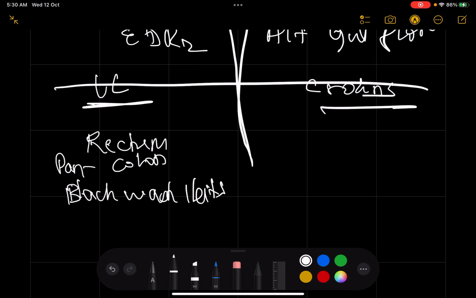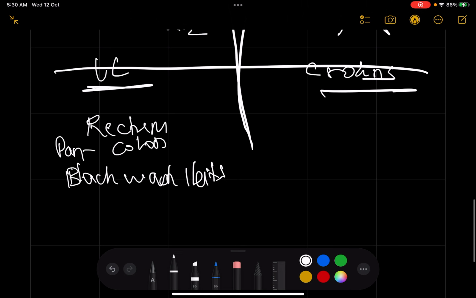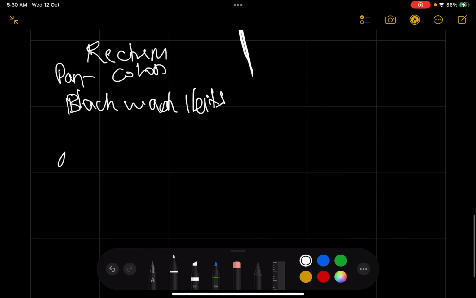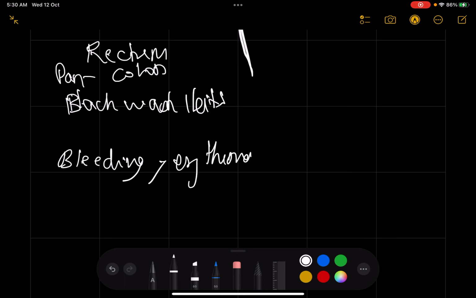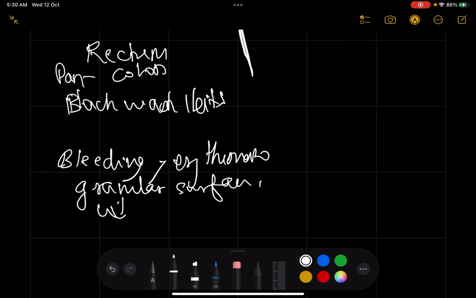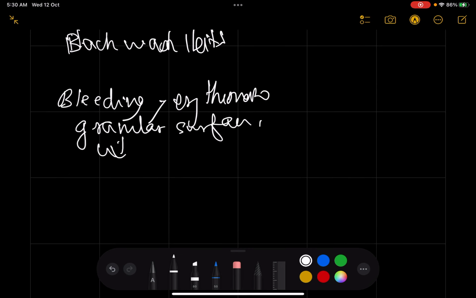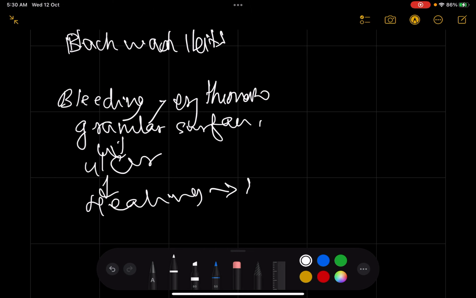That's it. What you will have as a finding is going to be bleeding, but before that you would also have an erythematous mucosa, red mucosa with a granular surface, later forming an ulcer, which on healing forms something called a pseudopolyp.